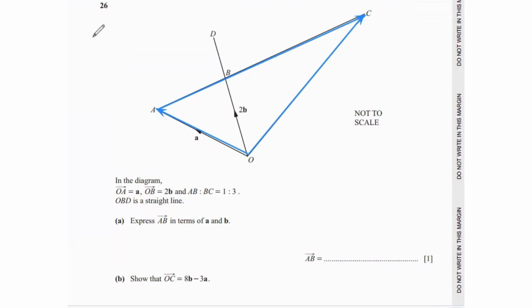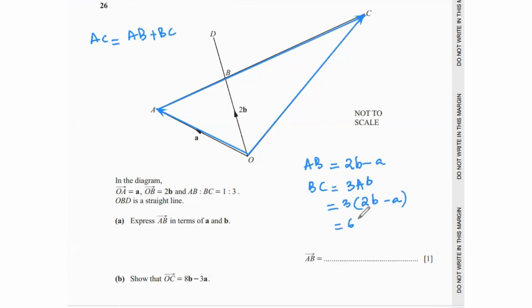So AC is AB plus BC. AB was 2b minus a. AB to BC is 1 to 3, so BC is going to be thrice AB. So that's 3 times 2b minus a, which is 6b minus 3a.